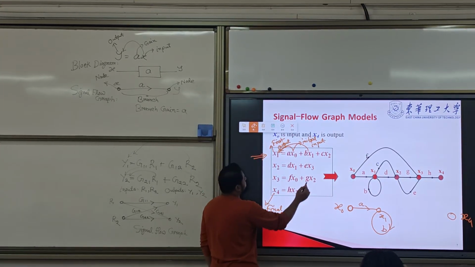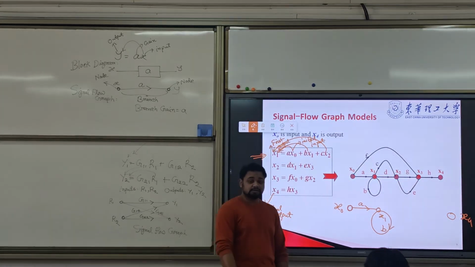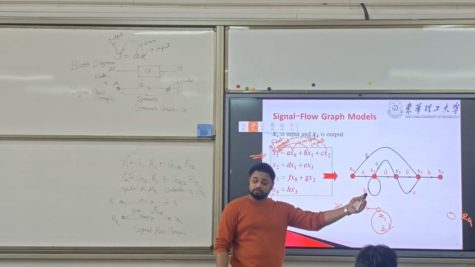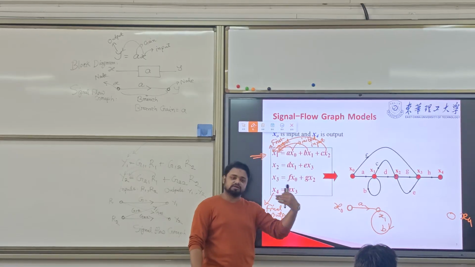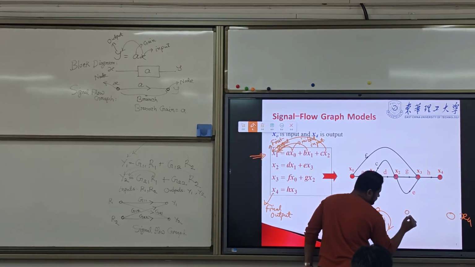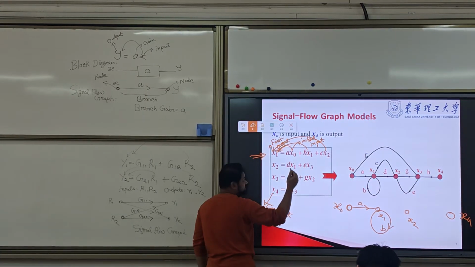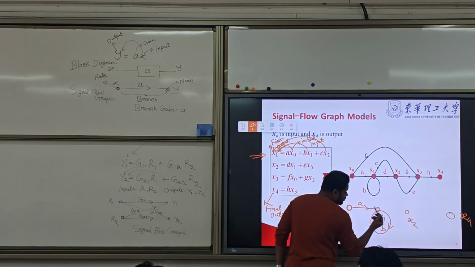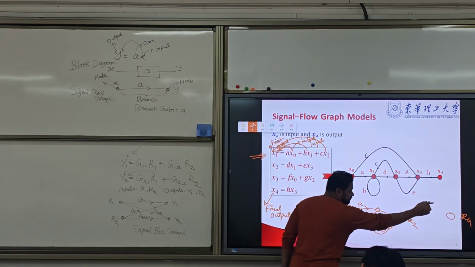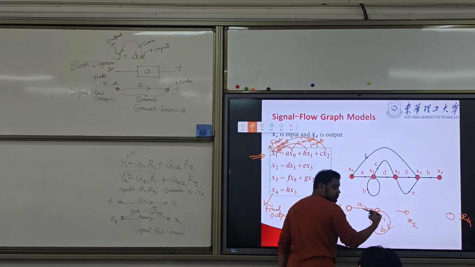And x2 is flowing to x1. That means it is not from input to output, it is in the backward direction, reverse direction. Here we have x2. x2 is flowing to x1. A forward direction would go forward, so it cannot be here.